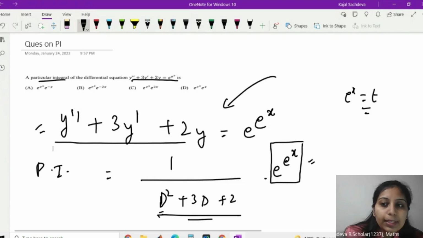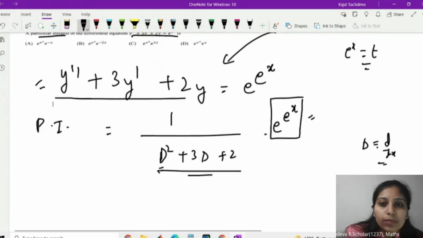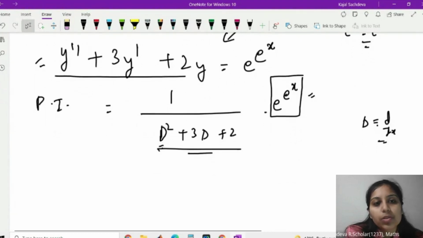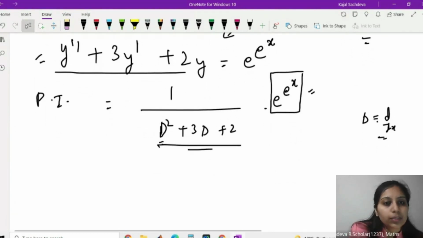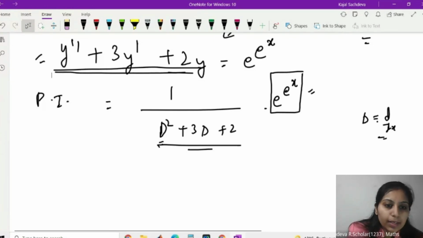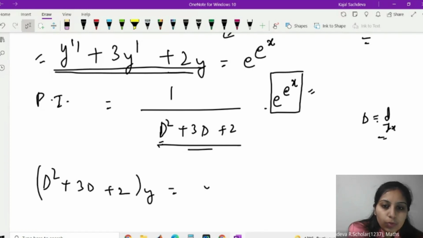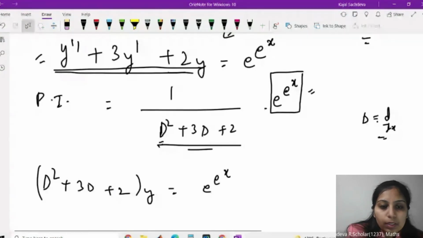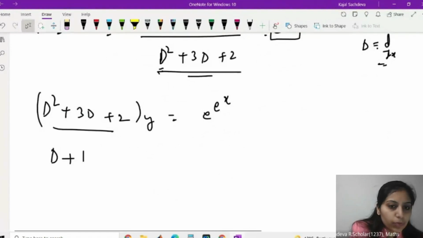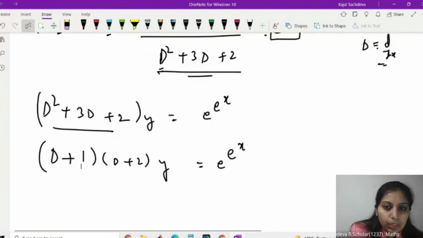When you get this type of equation, you can do one thing: just convert the second order equation into a first order equation. How can you convert? Starting from here, we can write the symbolic form (D square plus 3D plus 2) into y is equal to e raised to power x. Now this can be broken down into two parts: (D plus 1)(D plus 2)y is equal to e raised to power x.